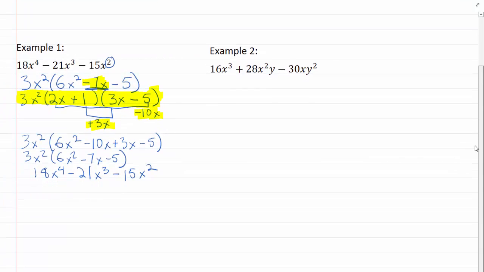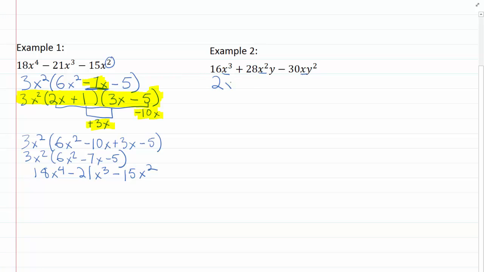So in example 2 here, we're starting out with 16x to the third plus 28x squared y minus 30xy squared. So I can see that these are all multiples of 2, they're all even numbers. So we can pull out a 2, and there's an x in each and every one of these.